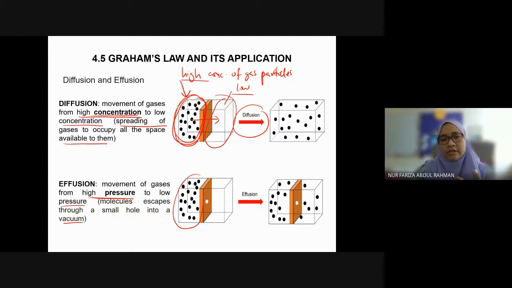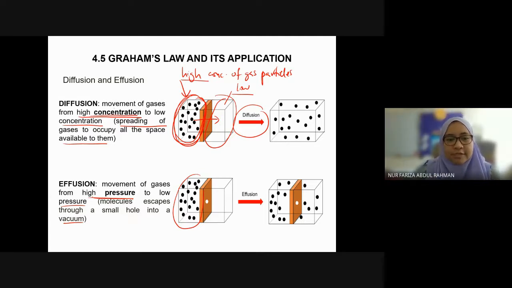What is the relationship between high concentration and pressure? Kalau concentration of particles is high, that means high pressure, because with high concentration, the rate of collision will be higher as well, therefore the pressure will also increase.